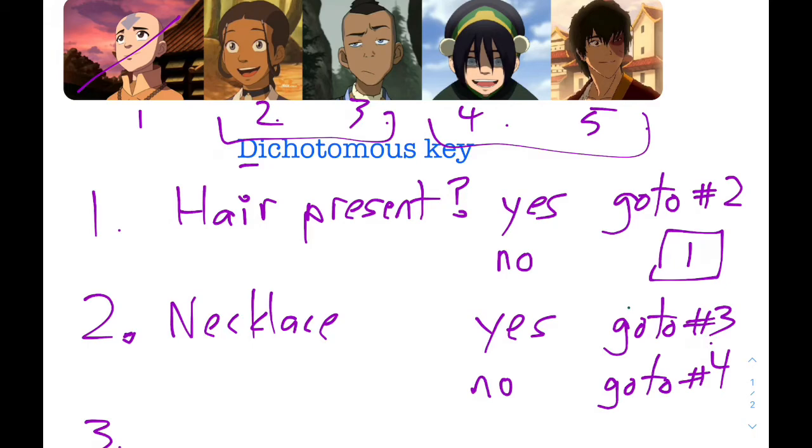But we can ask about individual features. So maybe we'll ask, is there hair on the sides of the head? Because this guy here looks like the sides of his head have been shaved, or maybe they don't have hair, I don't know. But that's something that can get us there.